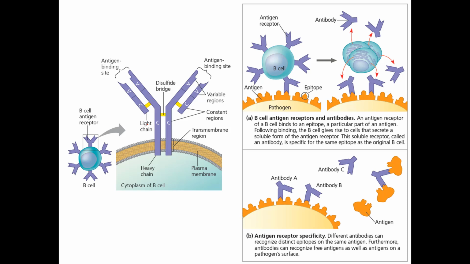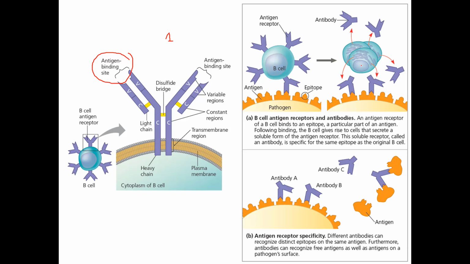There are three or four disulfide bridges which join the heavy chain to the light chain, and one disulfide bridge to join the heavy chain with the heavy chain. Each chain, both heavy and light, has a variable region as well as a constant region. The variable regions from both the heavy chain and the light chain together form the antigen binding site. So there are two antigen binding sites in one immunoglobulin.